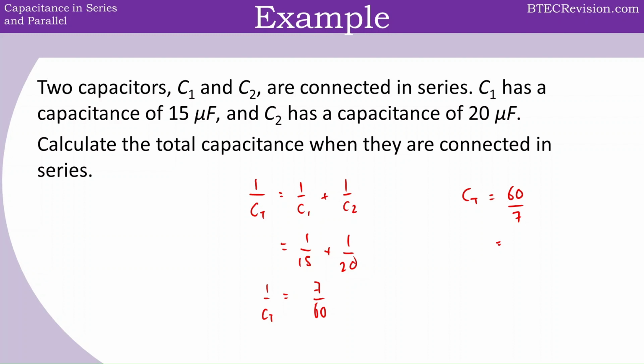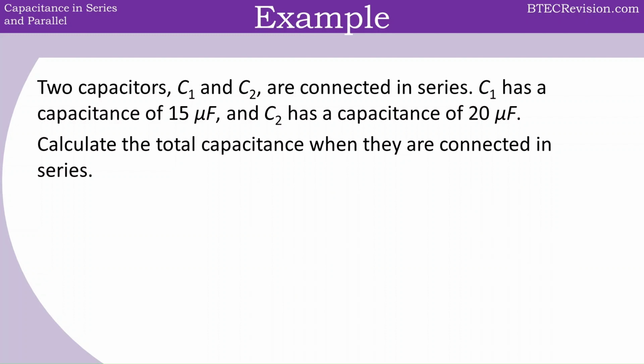And this gives us a value of 8.57. And the unit, since we plugged in our values with the prefix micro, our final answer is going to be in micro as well. So that's going to be 8.57 microfarads.